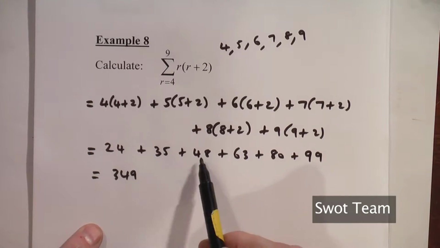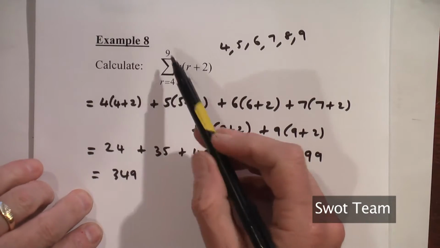The problem is, how many terms are there? Look: 1, 2, 3, 4, 5, 6. There are 6 terms. What I want you to notice is that it's not 9 terms, the number on top. There are 6. A way to get this, particularly if you're dealing with bigger numbers, watch this.